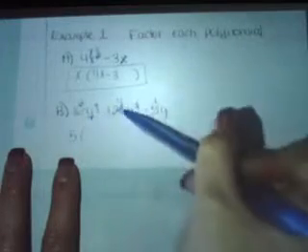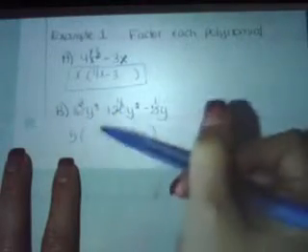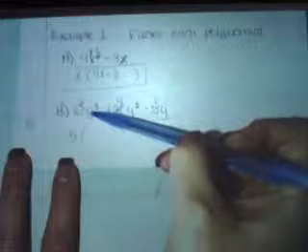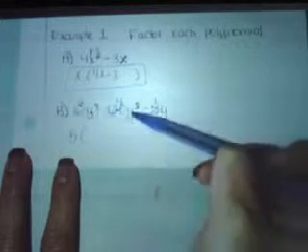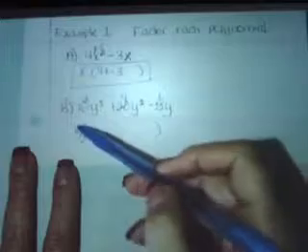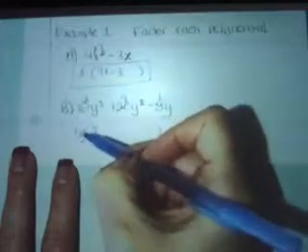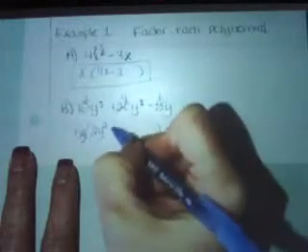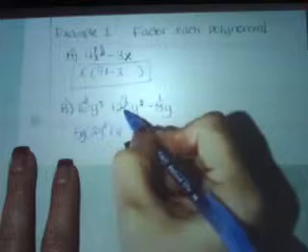Can I factor out a variable? Here I have y times y times y, y times y, y. I can see I can factor out at least a y, so I have 5y. That's going to leave me with 2. I factored out 1y, so that's going to leave me with y squared plus 4, because 5 will go into 20 4 times.